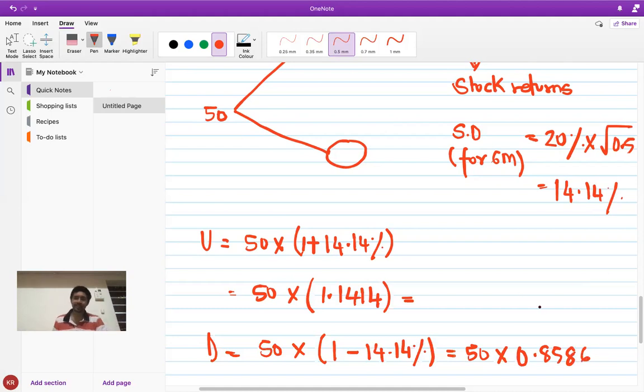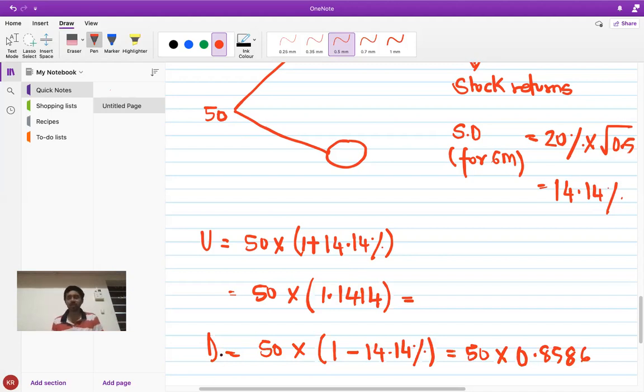What I am doing here is assuming that the return could be either positive 14.14 percentage or negative 14.14 percentage. That is how volatility is being interpreted. The share price can either increase by 14.14, so the upper node is 50 into 1 plus 14.14, which means the share gives a return of plus 14.14 percentage.